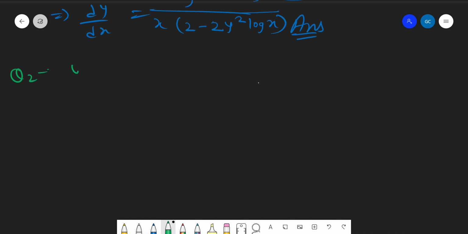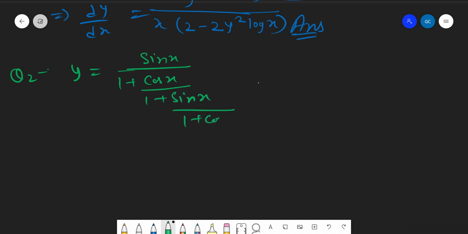It was y is equal to sin x divided by 1 plus cos x divided by 1 plus sin x divided by 1 plus cos x till infinity. Right, guys, so here you can also see the repeating term, sin x. From here it is repeating the entire thing. So what we can do is directly substitute with y.